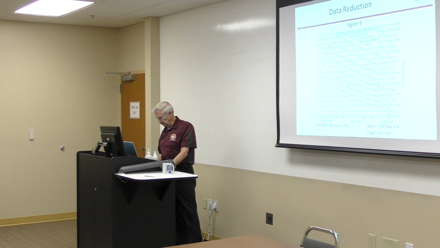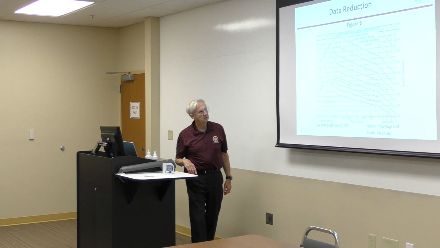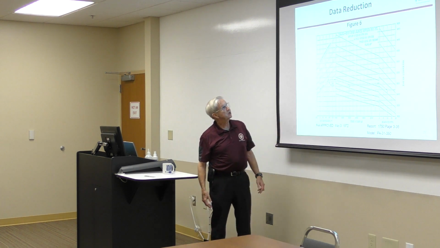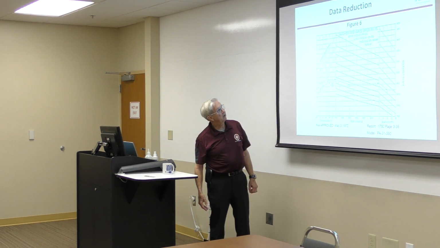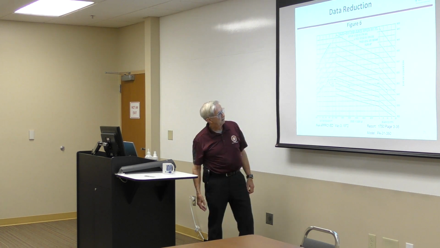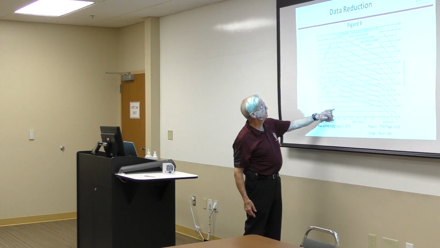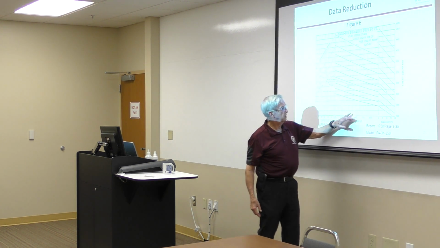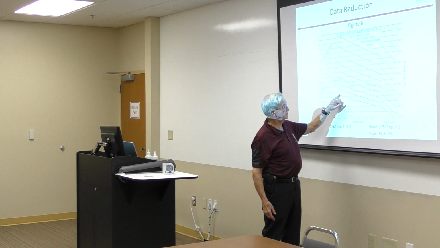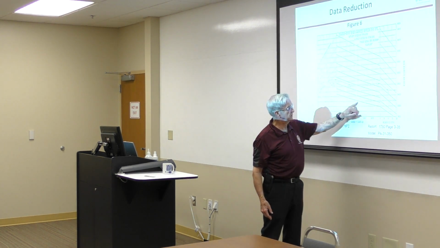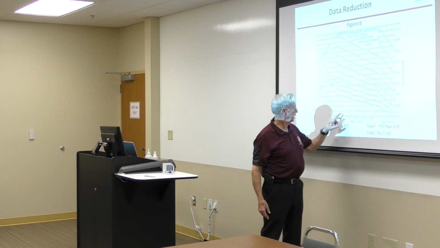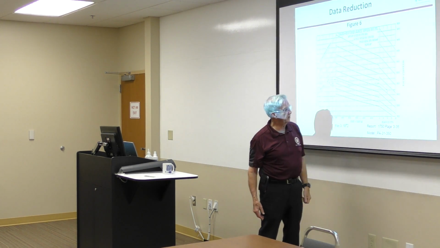Here's a plot of takeoff distance. I think this is for a Piper Navajo. I think that's where I stole this plot. Notice that this is correction for temperature. This is weight. Notice that the distance is farther with the heaviest weight, and then it decreases.